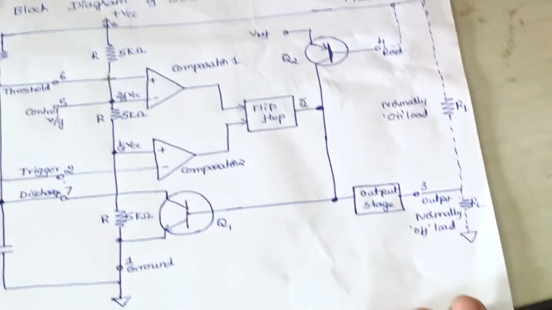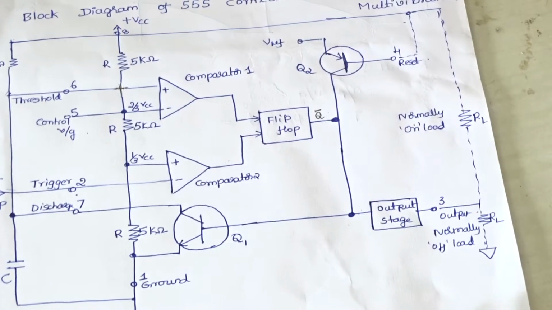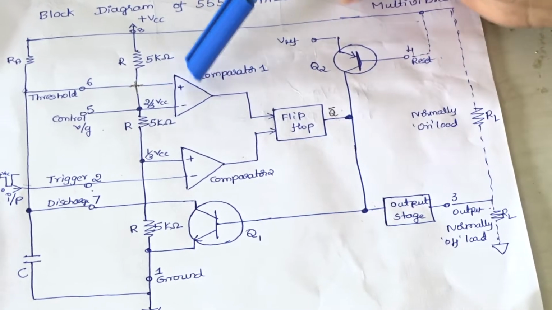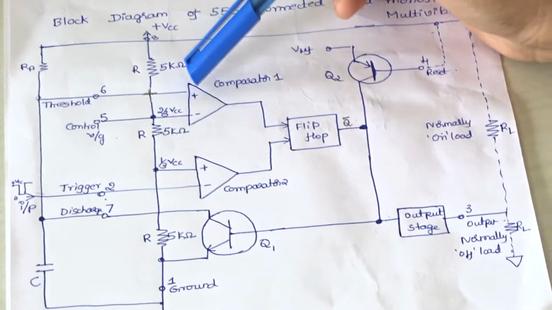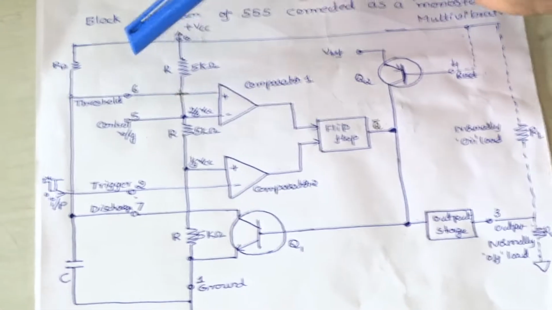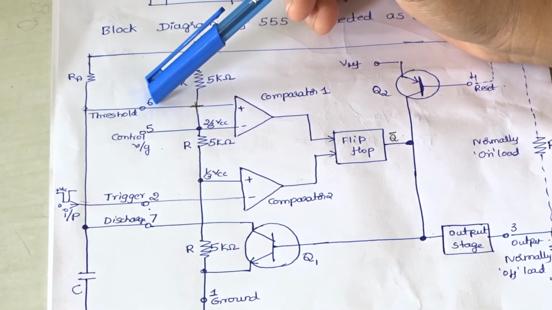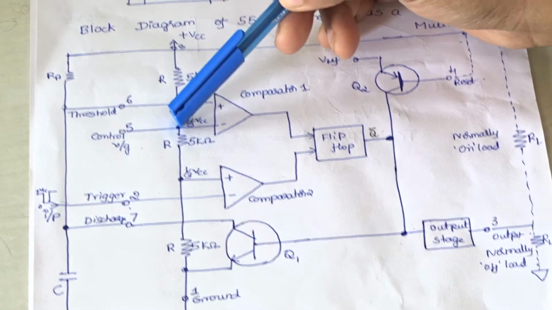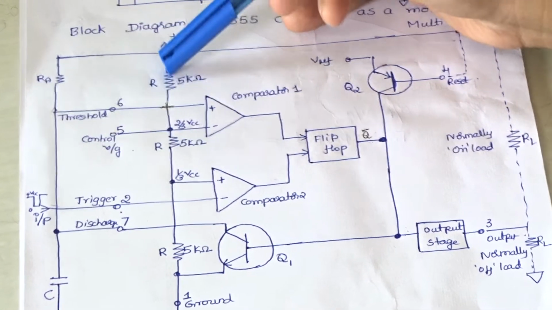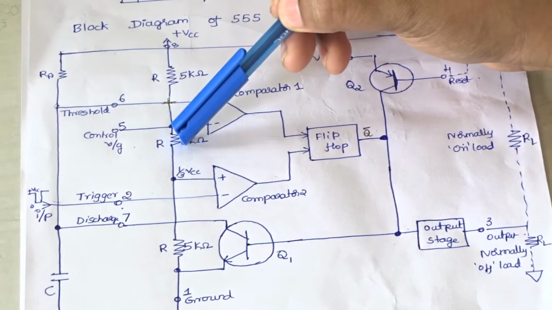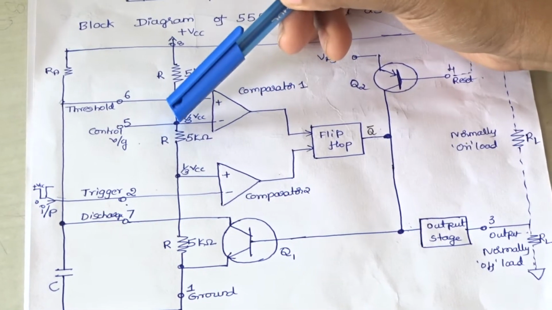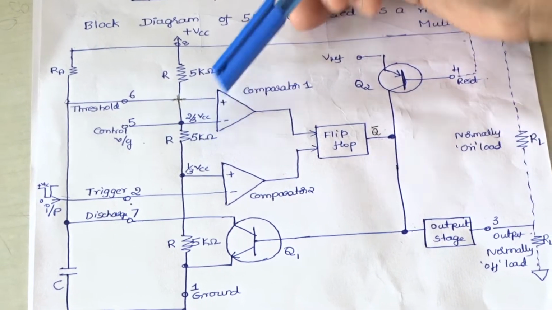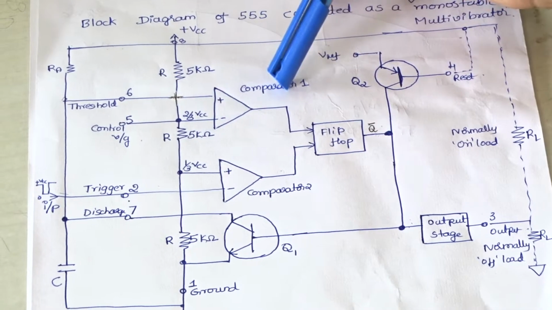Now, how is it acting as a monostable? You see here what the inputs to this comparator are. The plus input to this comparator is the threshold, 6th pin. The next input, the inverting input, is from the resistor network. From this junction we take the input to the inverting terminal of the first comparator.